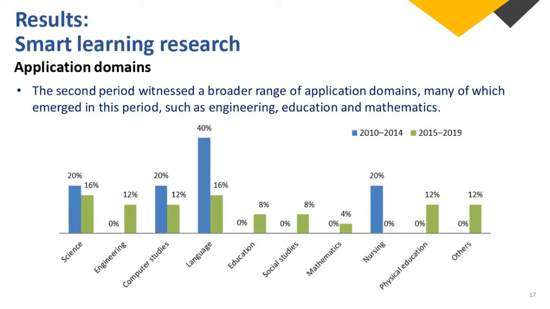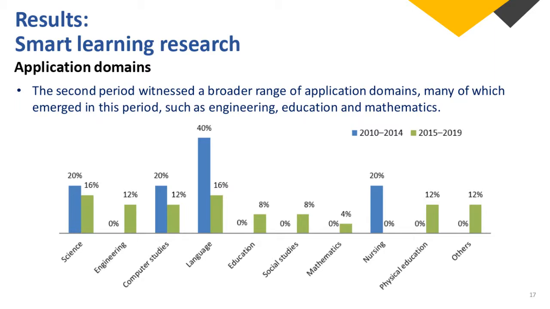As for the area being studied, you can see that the second period was much more diverse. And it is natural. You probably remember in the first period, the number of publications was rather small, and in the second period, the number of publications was a lot more. So it's quite natural that it's more diverse.